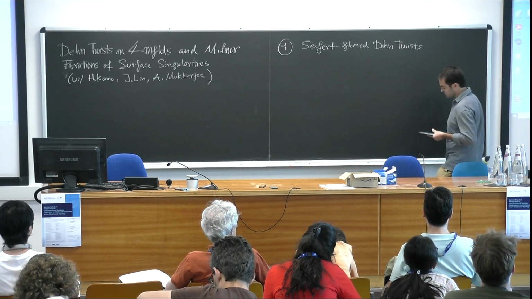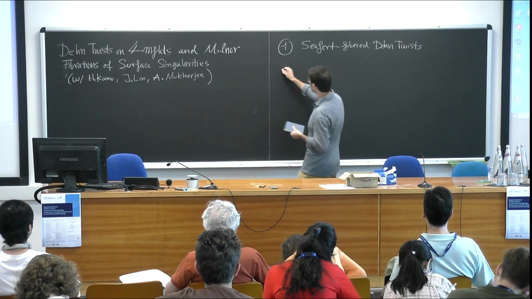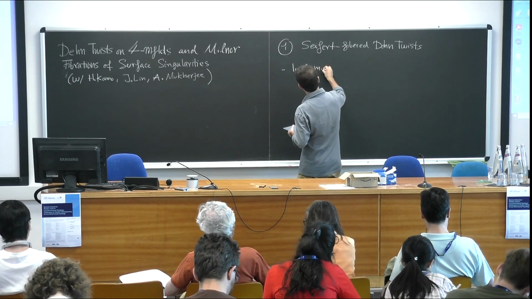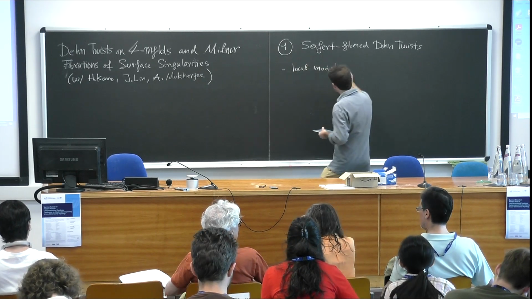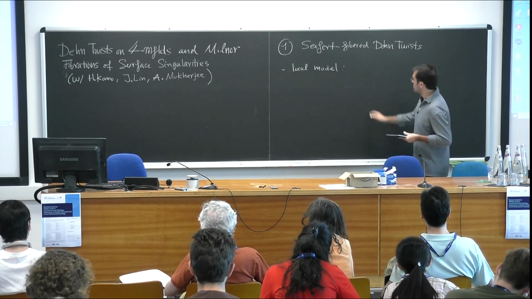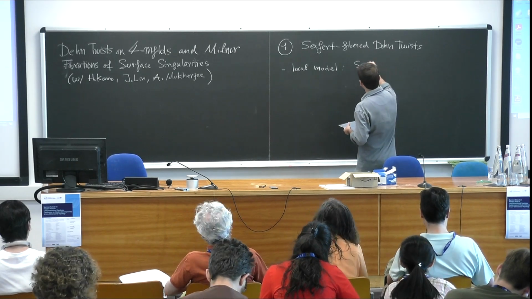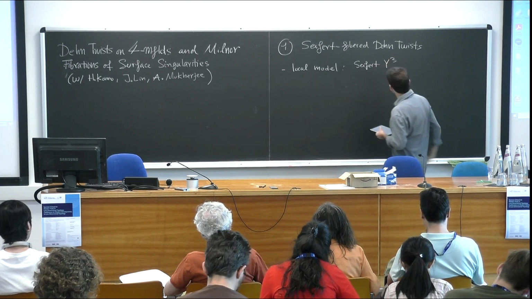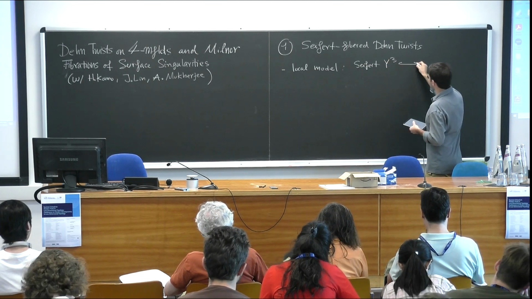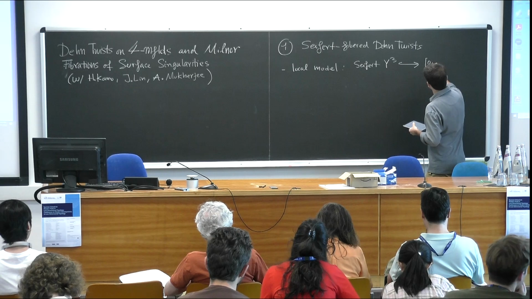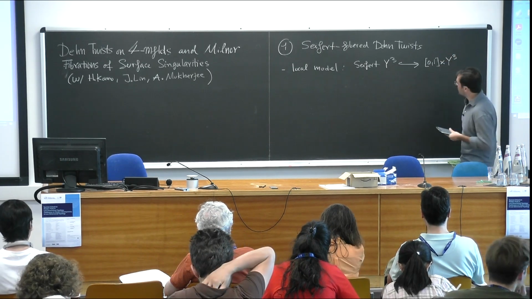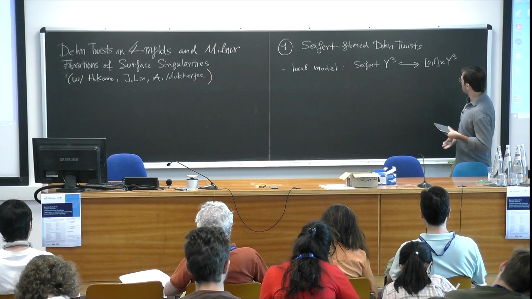So I'm going to start by explaining the local model for this diffeomorphism. Here we start with a Seifert fibered 3-manifold that I'll call Y. In the local model, this is embedded in the product of an interval cross Y, at slice 1/2.